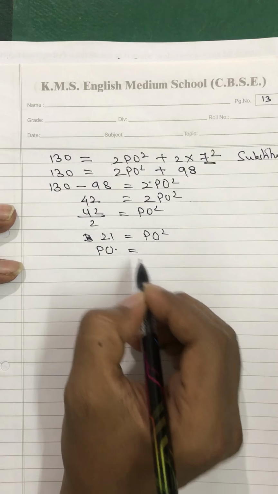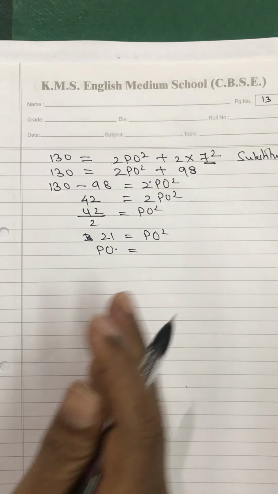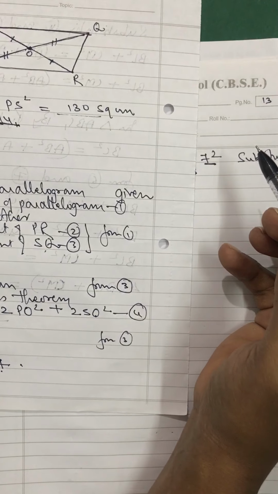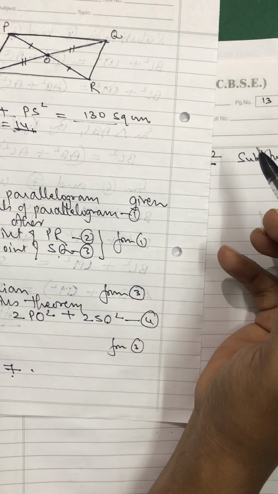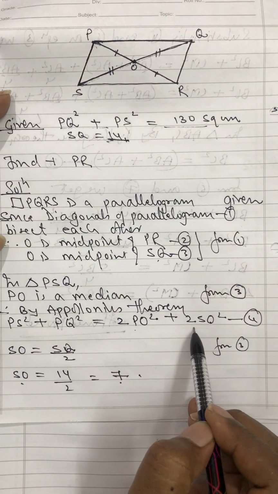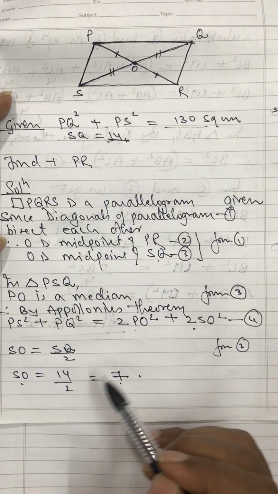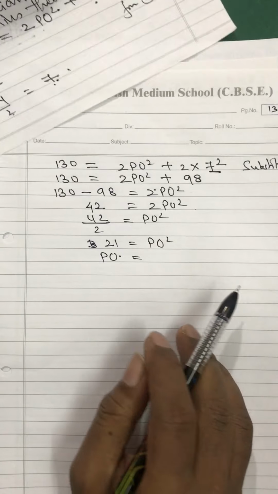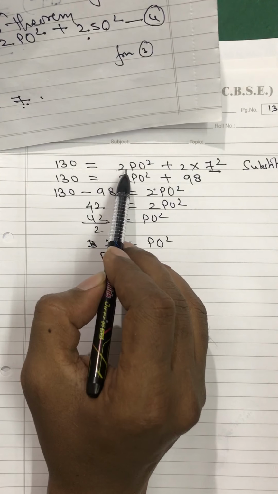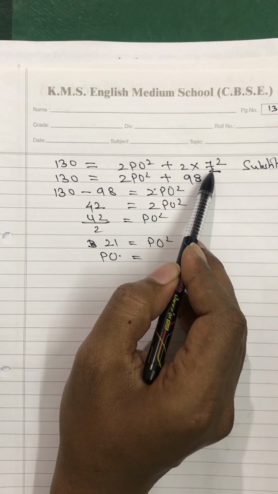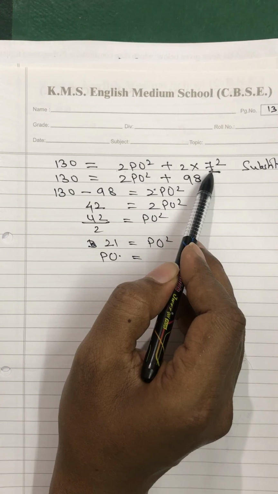Something has gone wrong, I suppose. Let me check. 7 is right. PQ square plus PS square is equal to 130. That is equal to 2 PO square plus 2 SO square. 14 upon 2 is 7. This is also right. 130 is equal to 2 PO square plus 2 times 7 square, 49, 2 9s are 18, 2 4s are 8, 98.